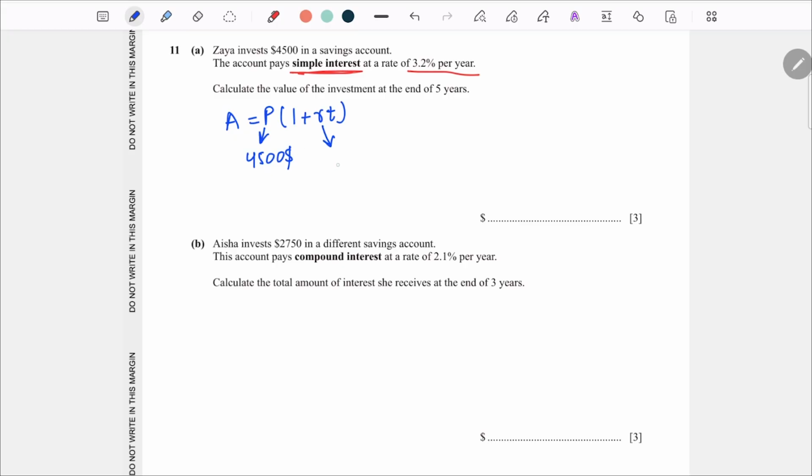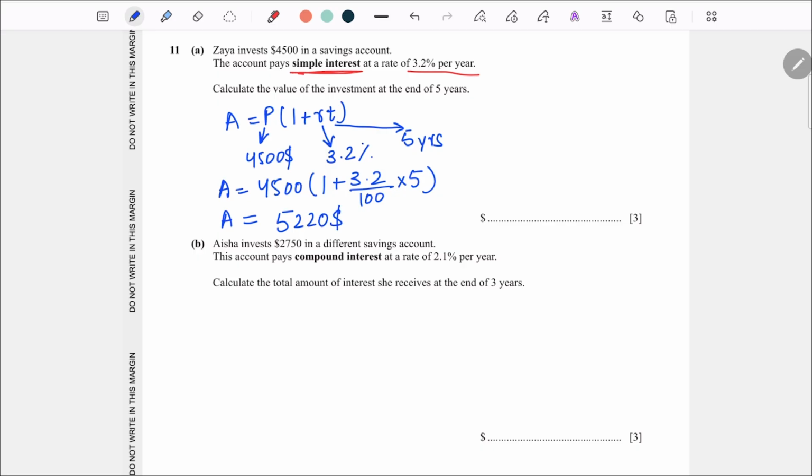R stands for the simple interest rate, that is 3.2% per year. And T stands for the total time period, which is 5 years. So A is equal to 4500 bracket 1 plus 3.2 divided by 100 multiplied by 5. When we solve this, the answer will be $5,220. So the value of investment at the end of 5 years is 5,220.